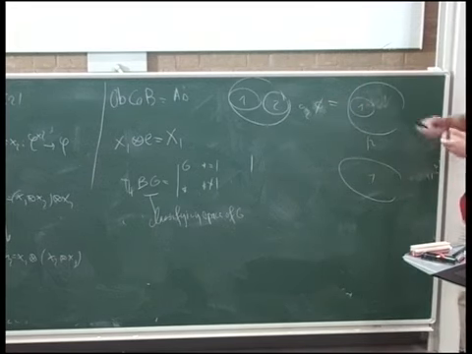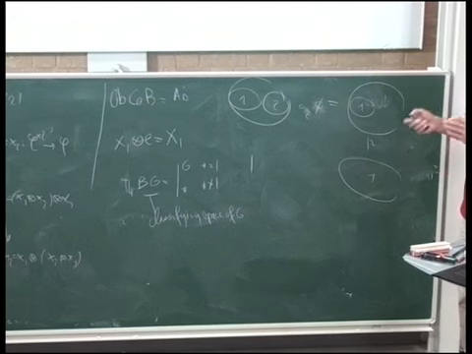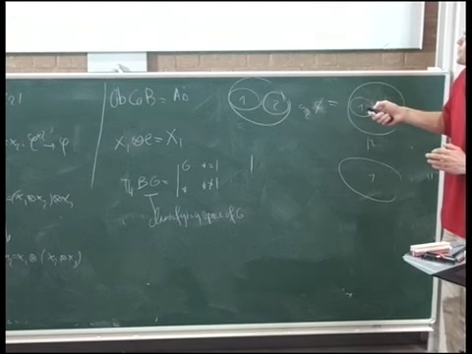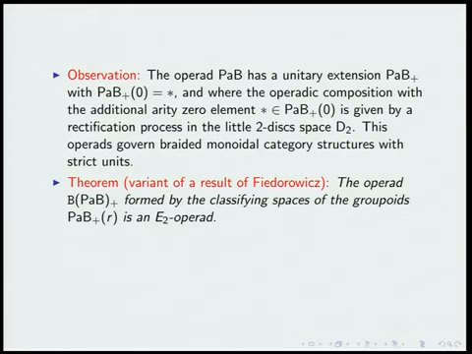And you can check that this construction is good, it's monoidal, so that it carries operads in the category of groupoids to operads in simplicial sets. So I form this classifying space operad associated to the parenthesized braid operads. And Fyodorovic's theorem implies that this operad is E2.